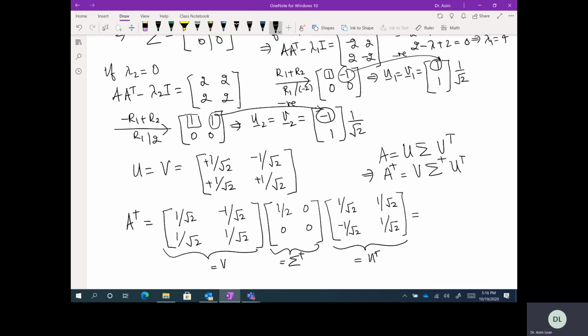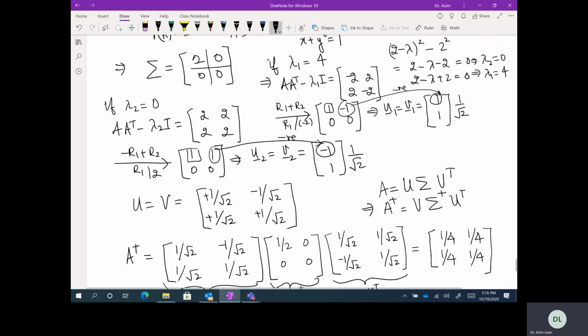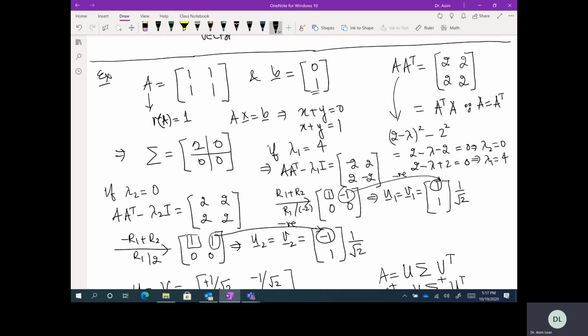If you solve this, you will get 1 by 4, 1 by 4, 1 by 4, 1 by 4. Then x plus, which is A plus B, where B is 0, 1, means I'm picking the second column.